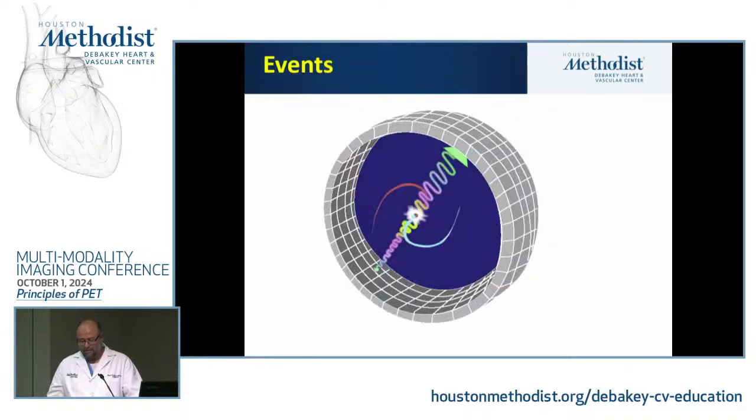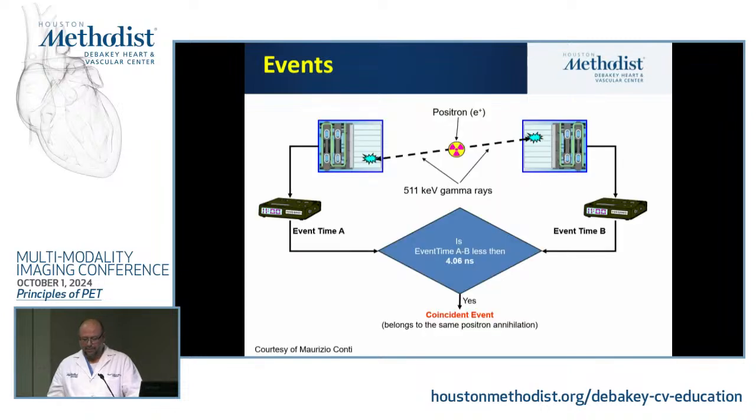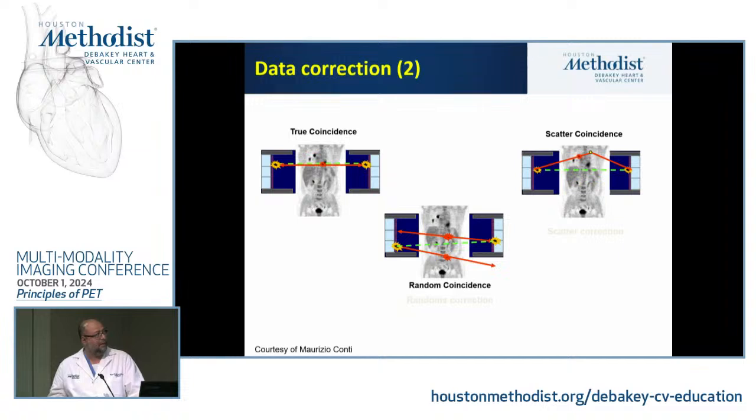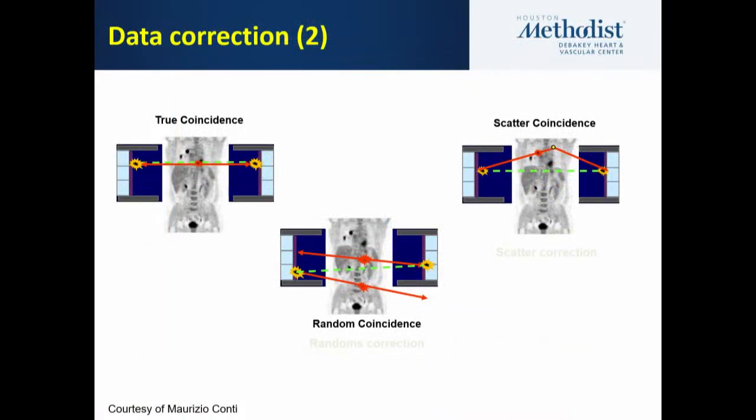But something to keep in mind is that there are multiple other ways that this could happen. One of them is a true event, but others could happen, as in the other examples I'm showing you here, the scatter or the randoms. When you inject the activity, there are so many photons running around and coming out from different parts of the body, because the rubidium or the ammonia or any other tracer is at different parts.